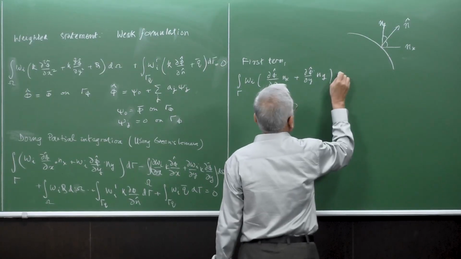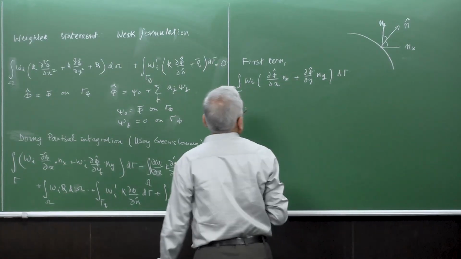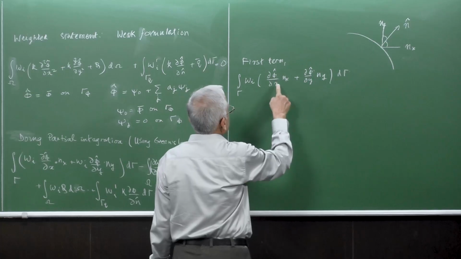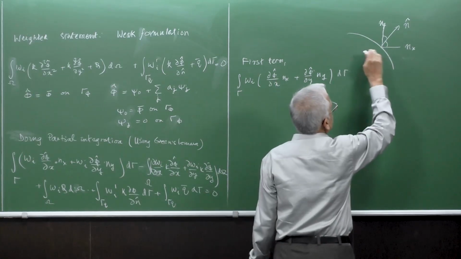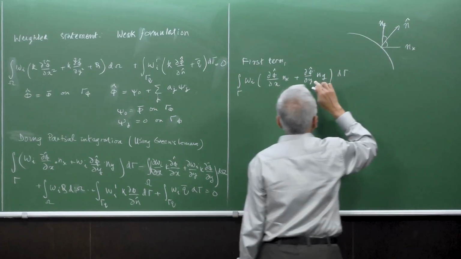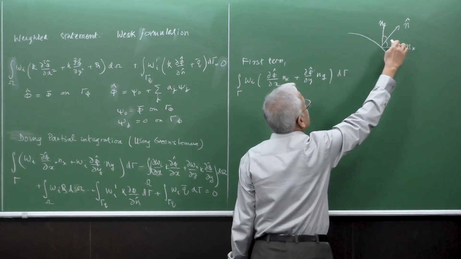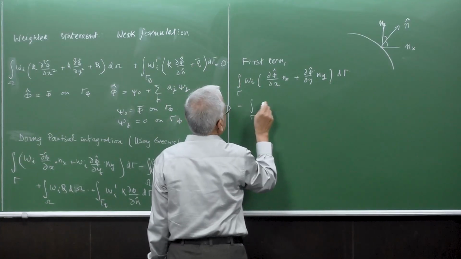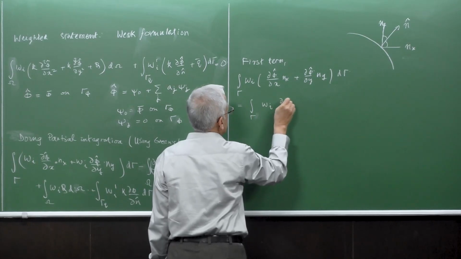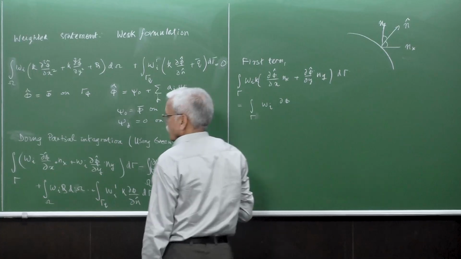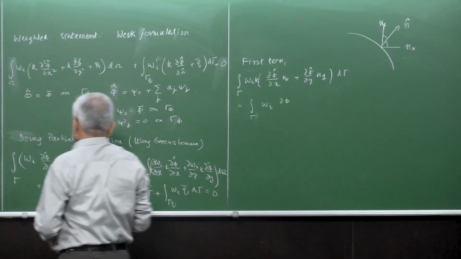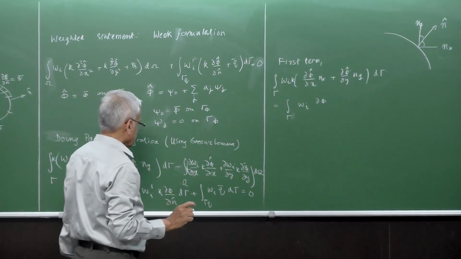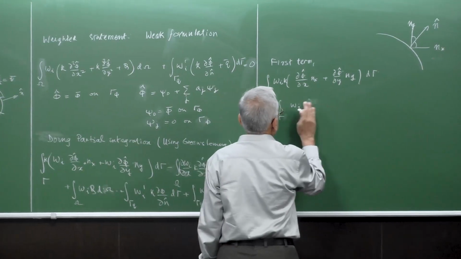So this is the first term, which can be simplified as the derivative in the x direction multiplied by nx, and the derivative in the y direction multiplied by ny, both of them combined together. There's a k here, of course. There's a k also here. Forgot to put that here.